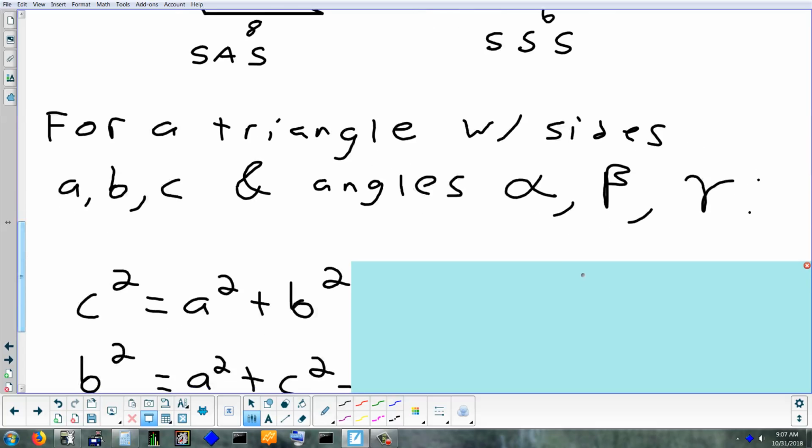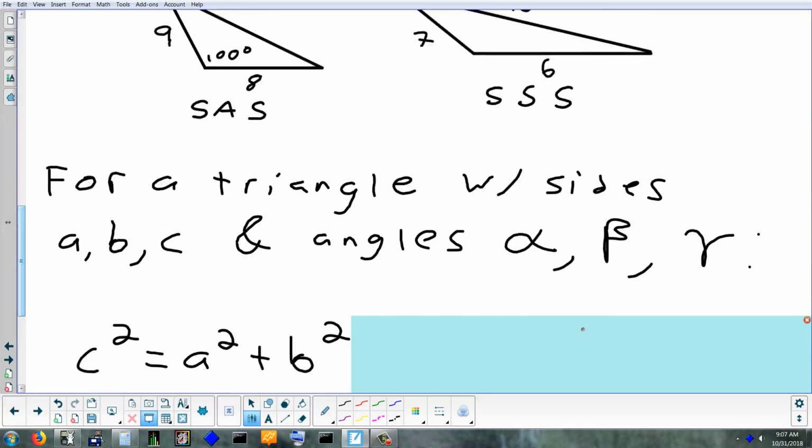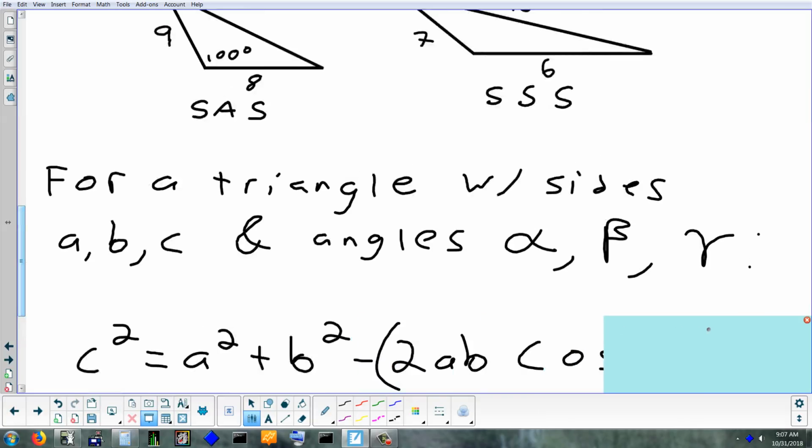So it kind of starts out like the Pythagorean Theorem: C squared equals A squared plus B squared. But because it's not a 90-degree angle, we have this thing at the end we have to subtract. What did you subtract?